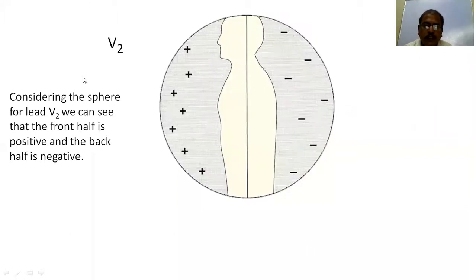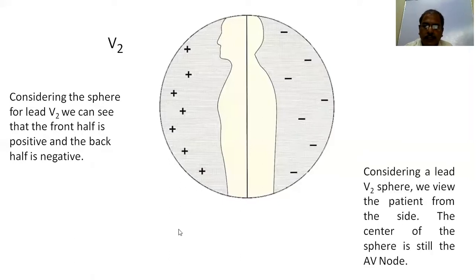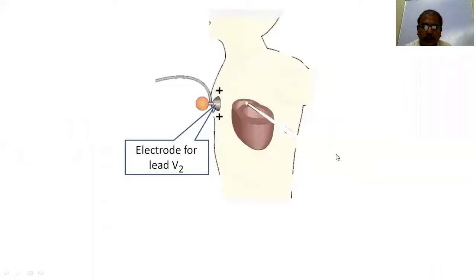So we view the patient from the side. That means we are looking at the patient from the side, and the center of the sphere is still the AV node, somewhere here.